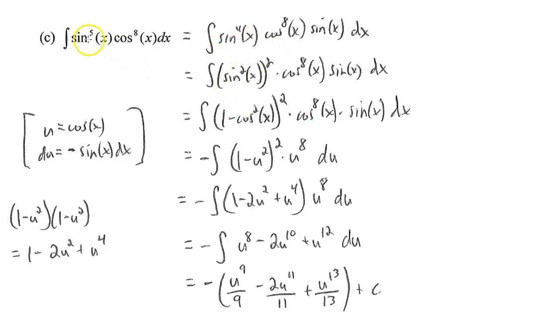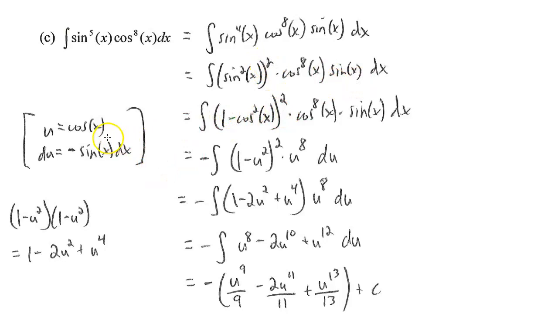But if it were sine to some odd power, it would be sine squared to a fraction, which would end up being a problem. So it works out well if you have an odd power on sine or cosine, because if you break off the sine, you end up with an even power, which means we can write it as sine squared to some whole number.